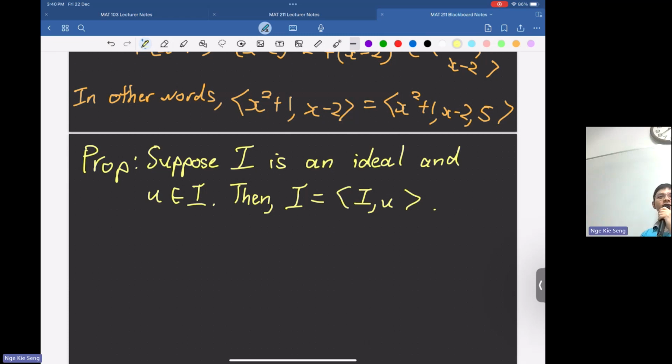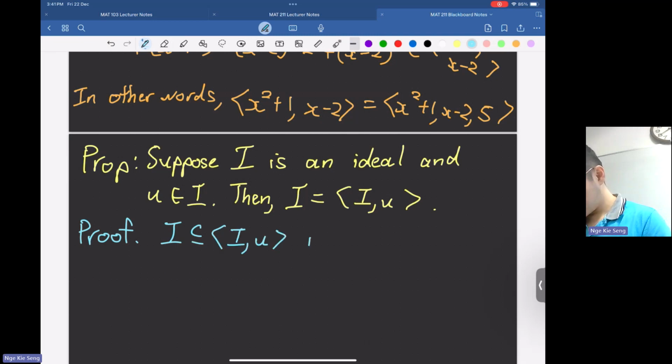Want to prove this? So how about let's prove this? I think some of you are quite interested in this. So let's prove this. So first of all, I is a subset of the ideal generated by I and u is clear.